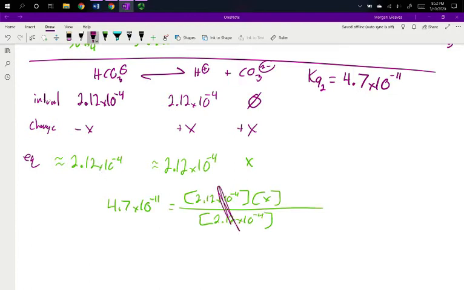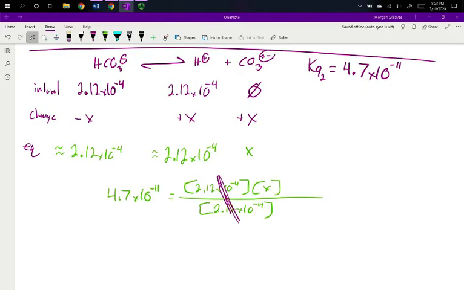Those basically cancel. Because they came in on both sides of the equation equal, and the Ka is so small, even if we change them a little, they largely cancel. They both put the same amount on top and bottom, which means X for our carbonate is really going to be basically the Ka2. It's going to be 4.7 times 10 to the minus 11.